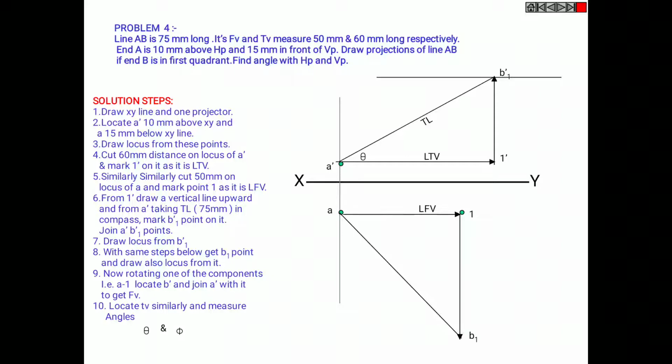Draw locus from B1 dash. With the same steps below, get B1 point and also draw the locus from it. Now rotating one of the components, therefore A to 1, locate B dash and join A dash with it to get the front view.